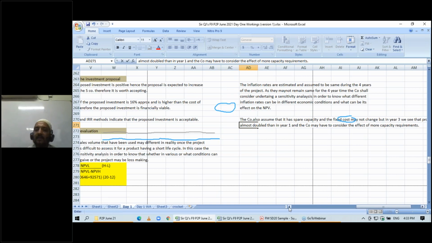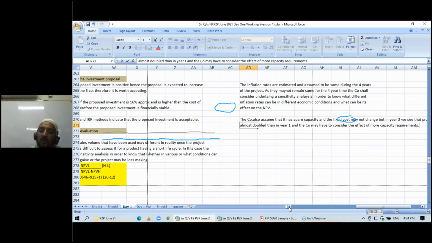And secondly, always write the basics, because this paper F9 is a basic of financial management. So do not avoid writing that NPV is positive, therefore the proposal should be accepted. If you don't write this, you lose an easy mark. You have to write this out in order to gain an easy mark, and then go into the depth and tell about the limitations.